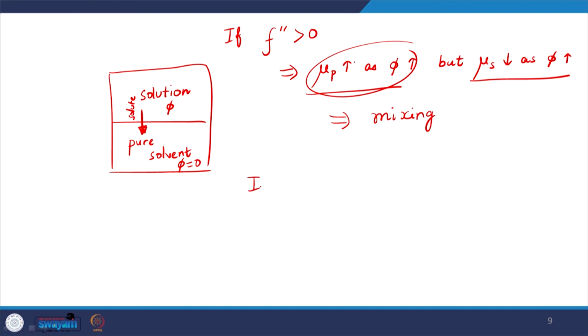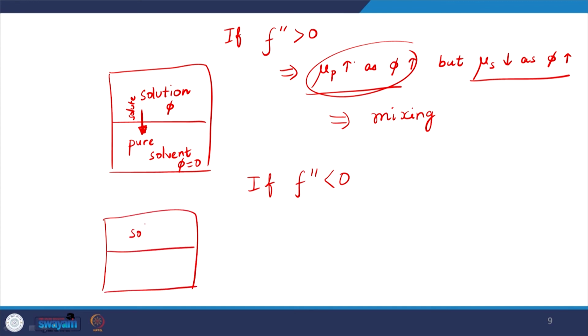On the other hand, if F double prime is less than 0, what is going to happen? Let us say I again start with a solution with some volume fraction phi, and a pure solvent, that is with phi equal to 0. In this case, we will have the opposite situation.